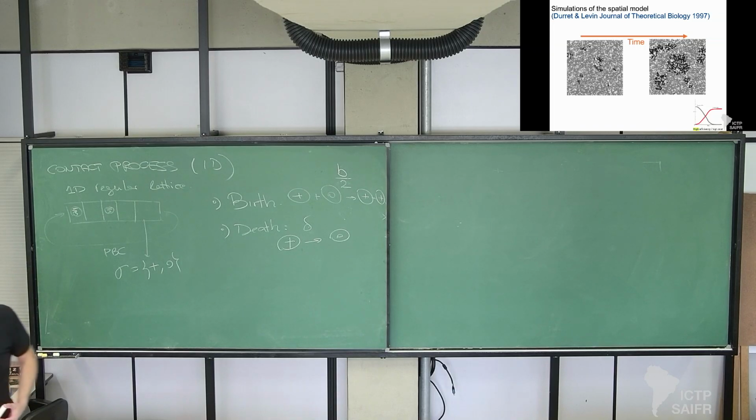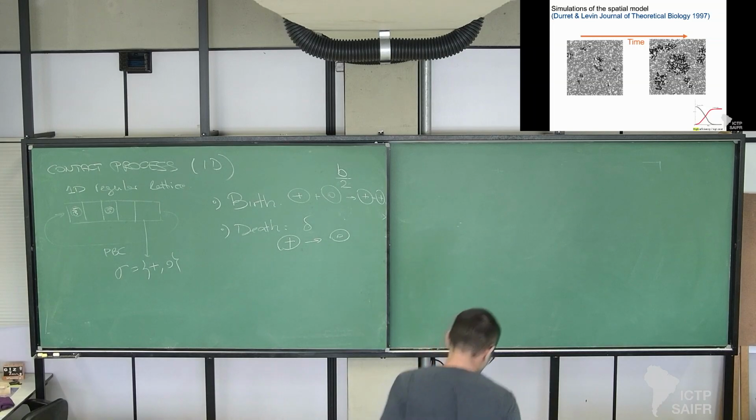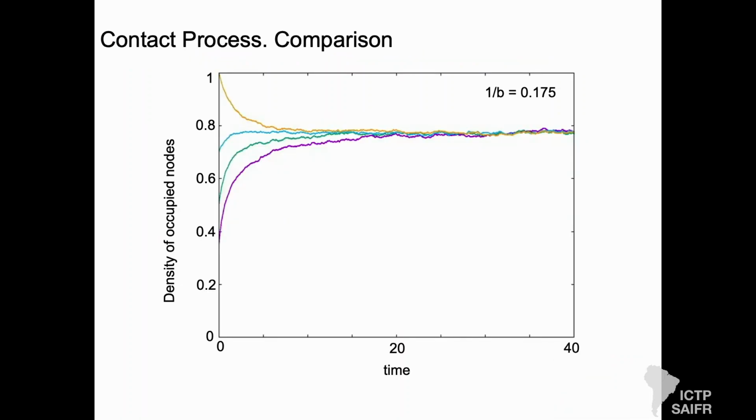Great. So what I can do now is run numerical simulations of my system. As I told you here, I already took delta equal to 1. So my control parameter is going to be delta divided by B, which means the ratio between the death rate and the birth rate.